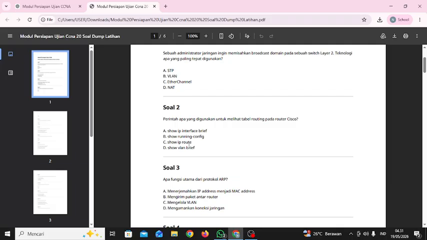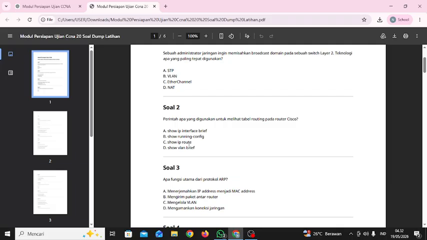The router uses this table to determine where packets should be forwarded. Example, router# show IP route. You may see codes like C connected, S static, O OSPF, and D EIGRP.